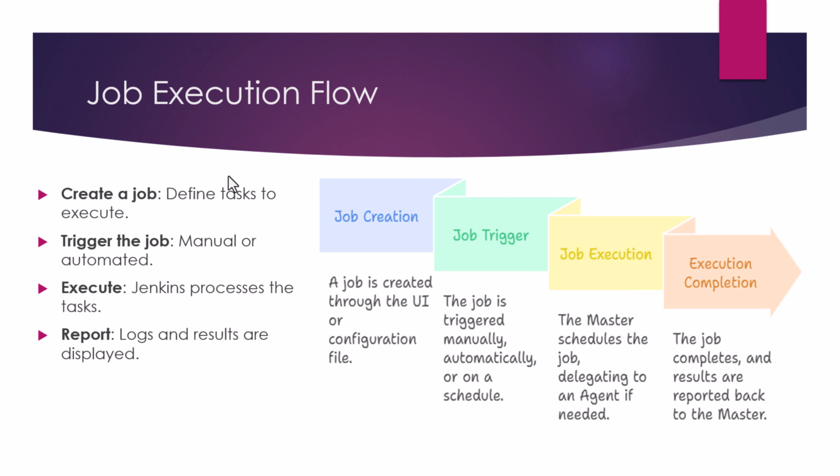If the job requires additional resources, the master delegates the task to available agents. And the next is execution completion. Once the job completes, the results are reported back to the master where you can view the logs, test results, and build status.